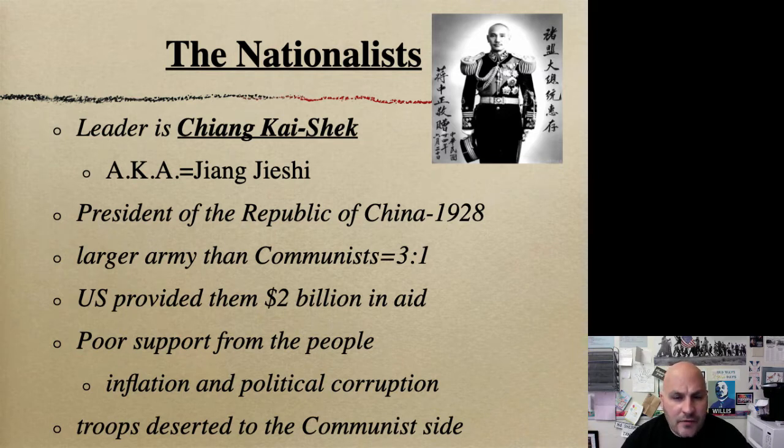And that is because, despite the fact that the United States supports the nationalist forces of China with $2 billion in aid, the people of China do not support the nationalist army. They don't support it because of the corruption that is brought forth by the government. Whether it be inflation of prices, nobody wants to see inflation of prices, especially of goods that you need to eat.